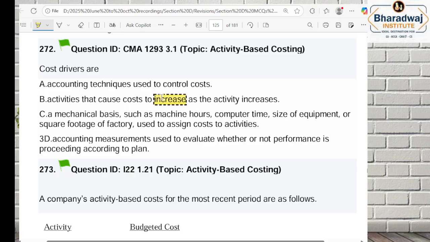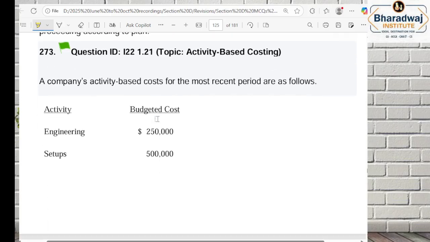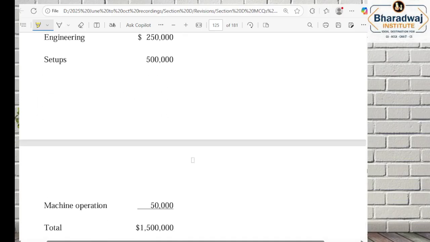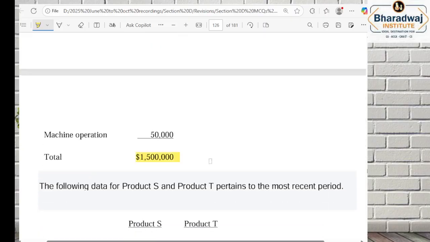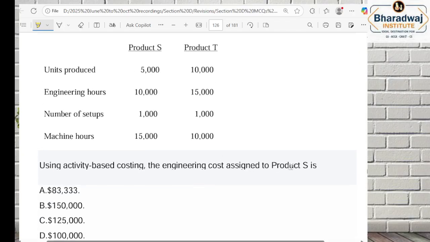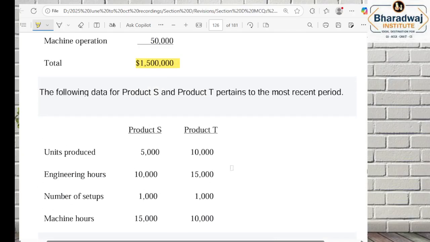Cost drivers are activities that cause an increase or decrease in cost. Testing, engineering, setup and machine operation are given, along with total and the number of setups. Engineering cost assigned to product X is asked.